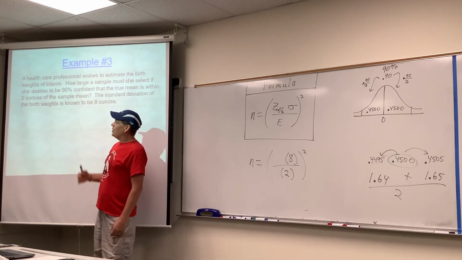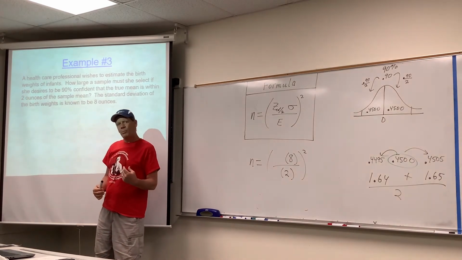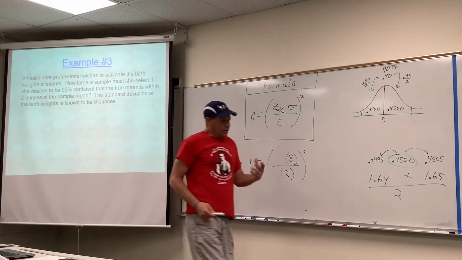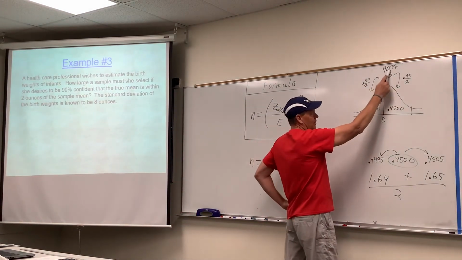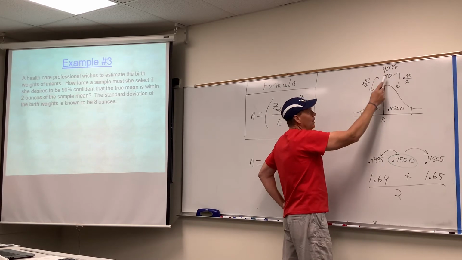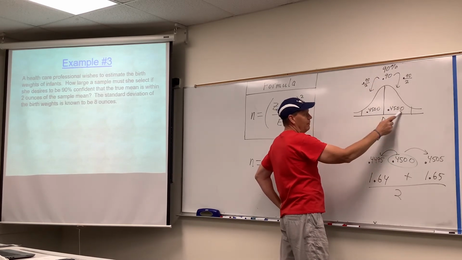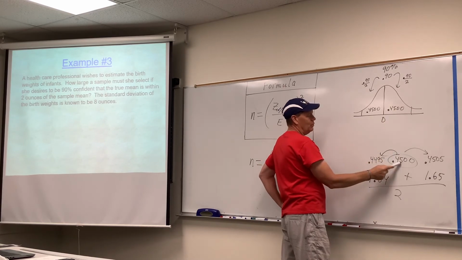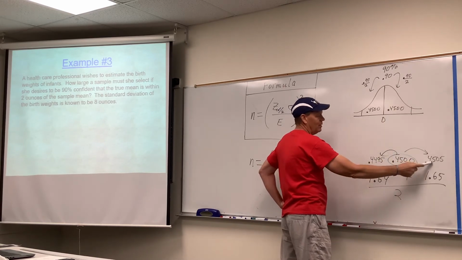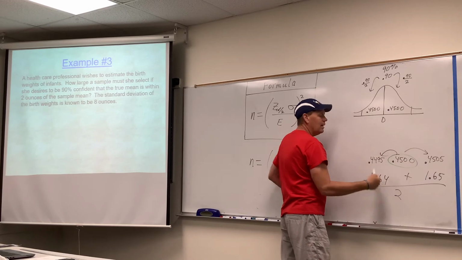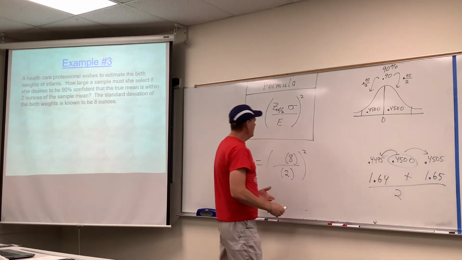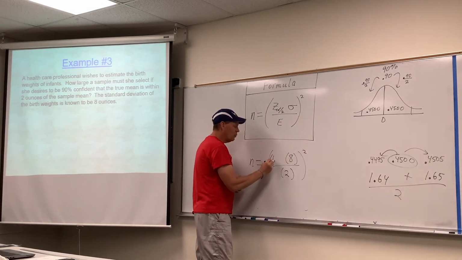Now I had the foresight to leave that up over there from example number 1. Let's lead you through that again. 90%, this is the same as example 1. We put half of the 90% on both sides of the bell curve. We cut it in half. 45%, which was halfway between these 2 on the table. We averaged them. That was 1.645.